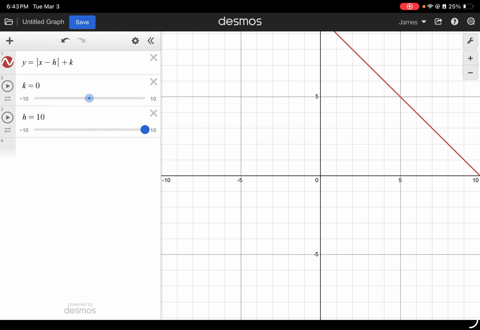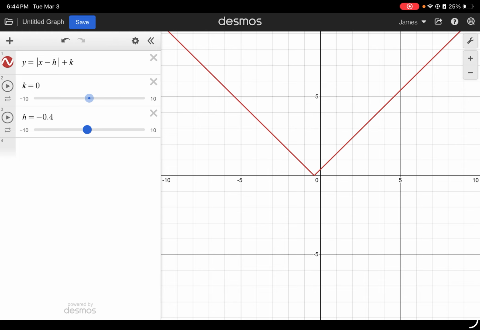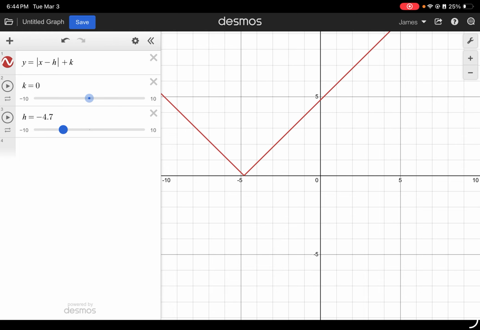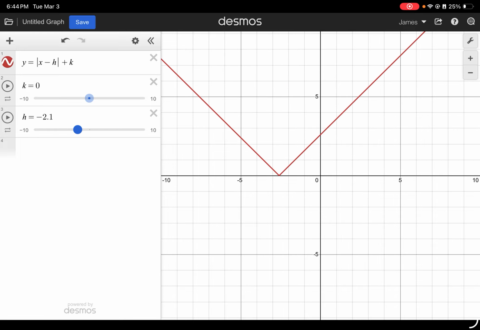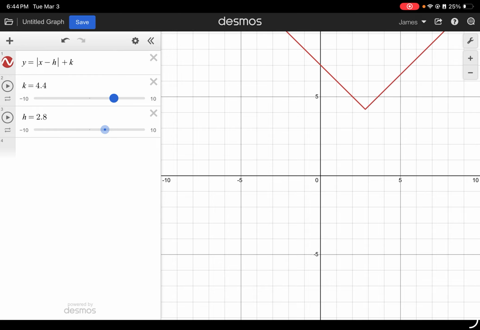X minus 10 would be 10 units to the right. And if it's x plus a number, like absolute value of x plus 5, notice it moves left 5. So when the number's holding hands with the x, it moves it along the x-axis. And when the number's outside, it moves it up and down.